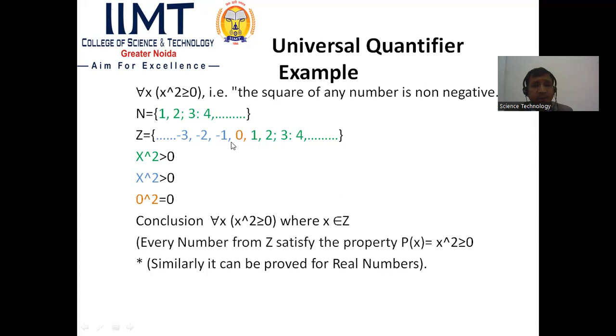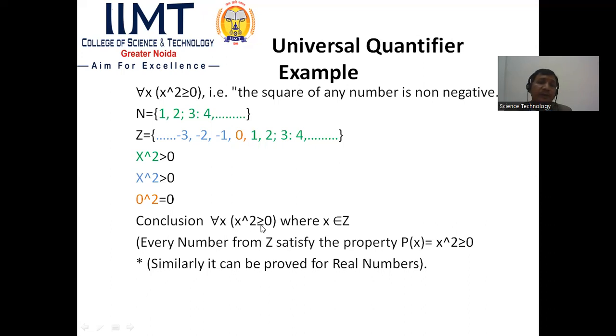And moreover, if I am taking 0, then the square of 0 is 0 itself. So the conclusion by these three cases is that every number from the set of integers has a non-negative square.